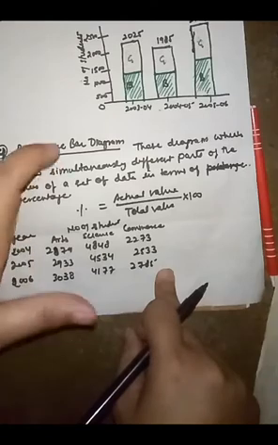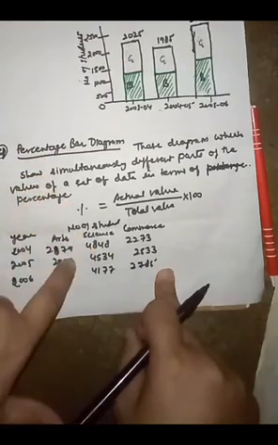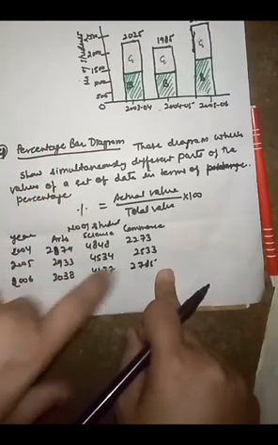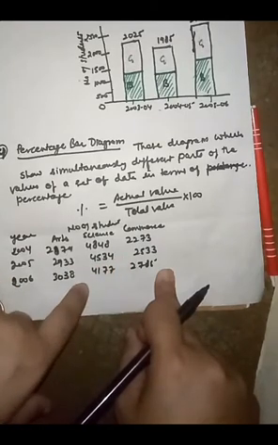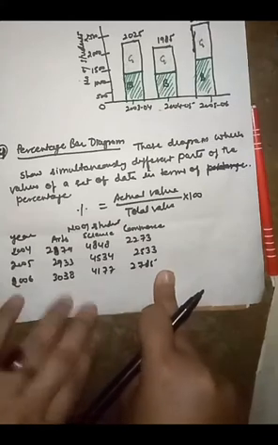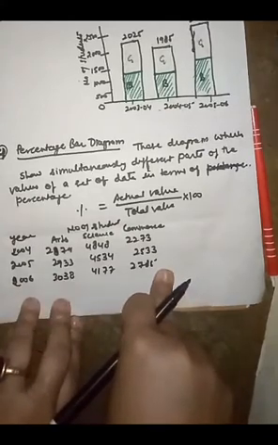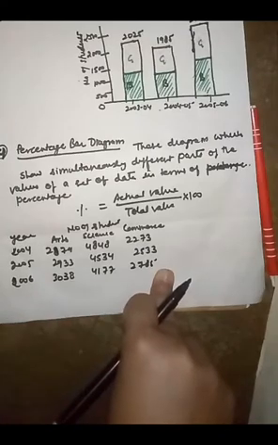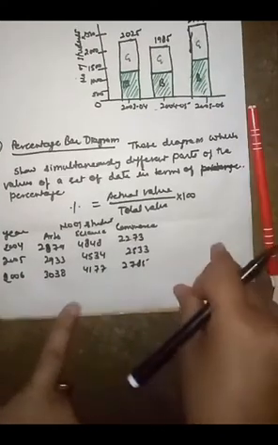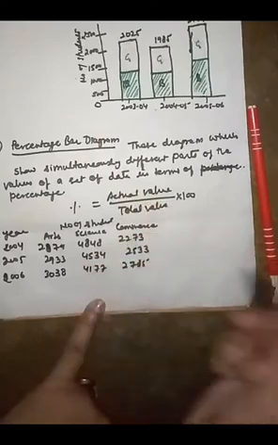So firstly, if you want to make the percentage bar diagram, first you convert the data into percentage form. Okay? So you convert data into percentage form, using this formula.